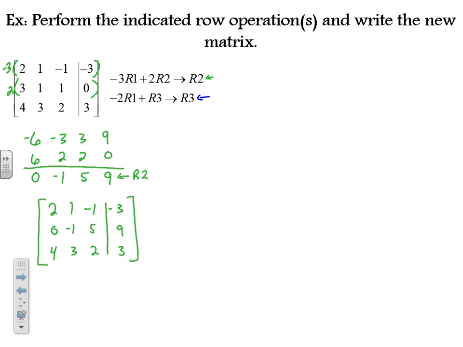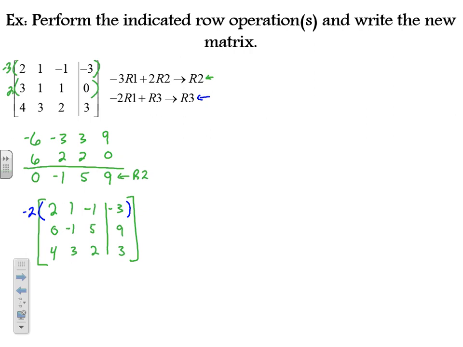So we're going to take row 1 and multiply everything there by a -2. And again, what you're going to notice is that multiplying the -2 by the +2 will give us a -4. And when I combine it with the +4 that's in row 3, they cancel each other out.